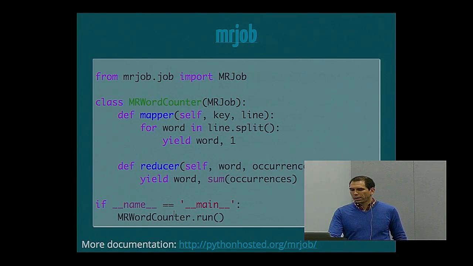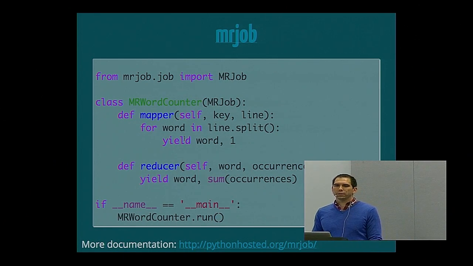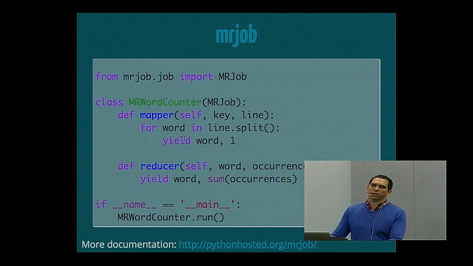So the mapper takes these keys and values, the reducer takes the key and generator of values and produces keys and values. For those of you who may not have used yield very much, yield is very similar to return, except you can call it multiple times. It produces a generator of values.